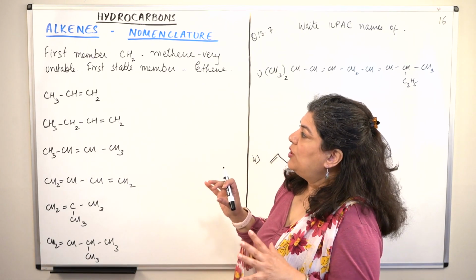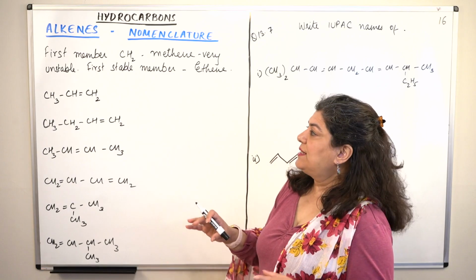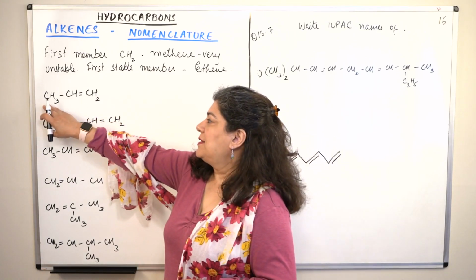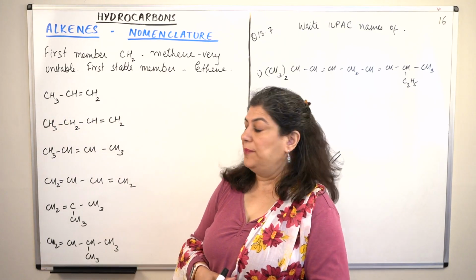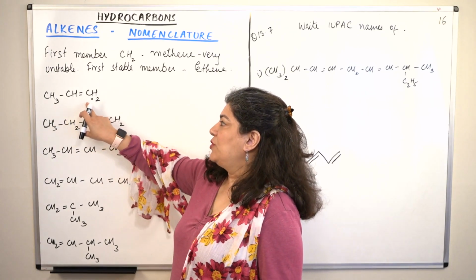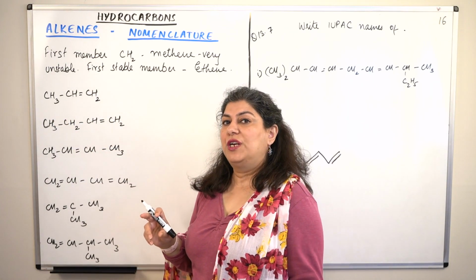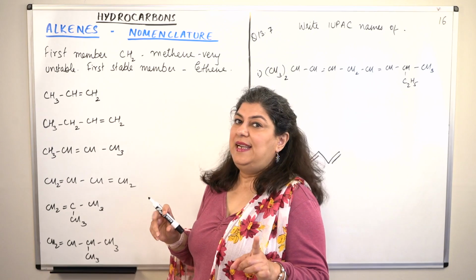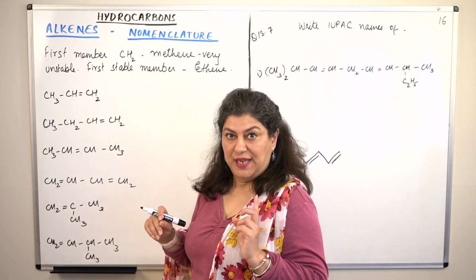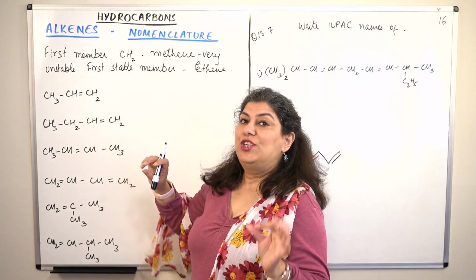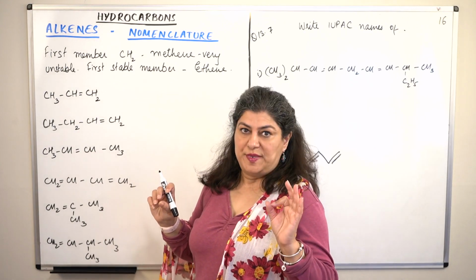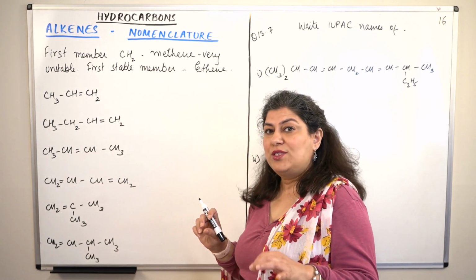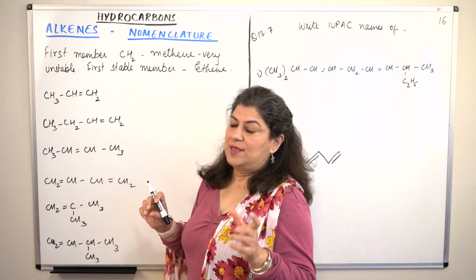Since we are going to do the naming of alkenes, let us start with the first one. This is the first compound that we are supposed to name. It has three carbon atoms, so what is the word root here? Prop. Since it's an alkene, it'll be ene, so it's a propene. Now, on which carbon is the ene present? We will always try to give the lowest locant to the ene, that is the double bond.